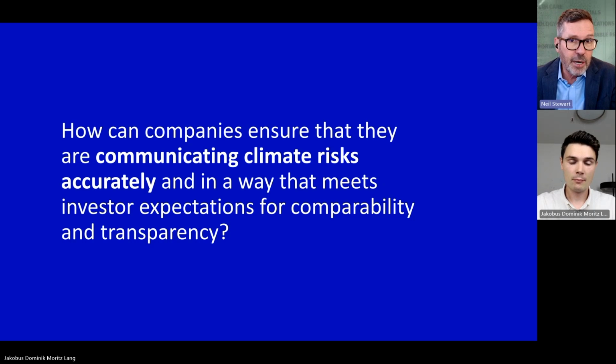S1 also requires a company to identify how sustainability-related risks and opportunities have affected its financial position, its financial performance, and its cash flows for the reporting period. So back to your point about really starting to identify the financial effects. And this is all designed to ensure that the package of information containing the financial statements and the sustainability information resulting from the ISSB standards work well together to create a complete picture to inform investors.